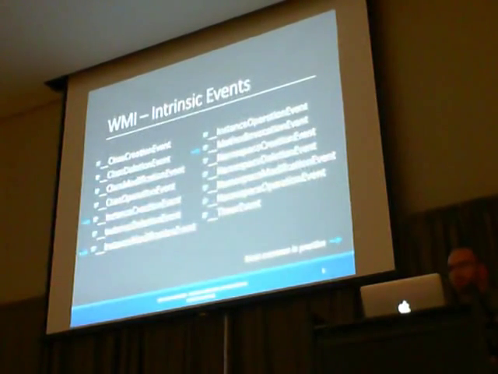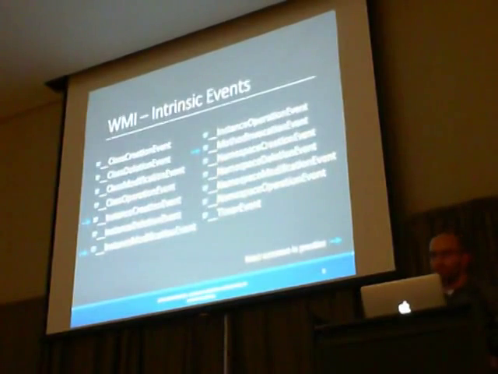Every WMI namespace has every one of these intrinsic events available to you. Usually the default WMI namespace is root\cimv2. So if there was any object in there that you were interested in triggering an event on, these events are available to you. The most common ones that you'll see people using would be the instance creation event, when an object in that namespace is created, or if one is modified, the instance modification event.